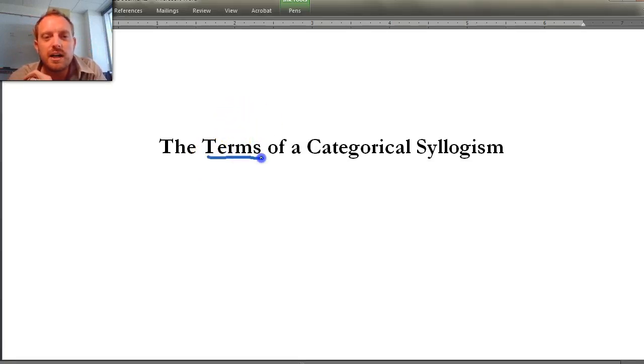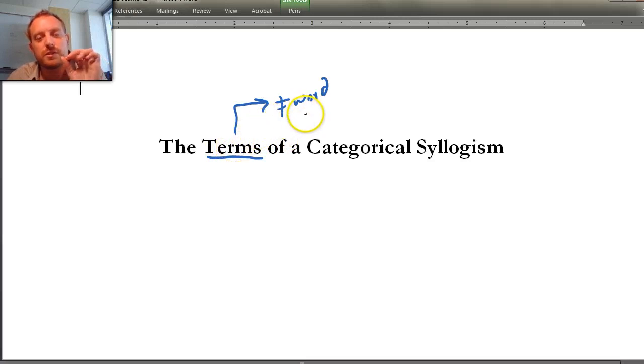And of course, we talked about this in the last chapter. A term is not just the word that's used, but rather the meaning of a series of words, right? So for instance, the subject term isn't just one single word, but it is the subject of the sentence itself. Same thing with the predicate term.